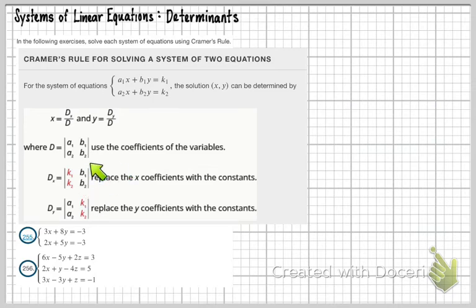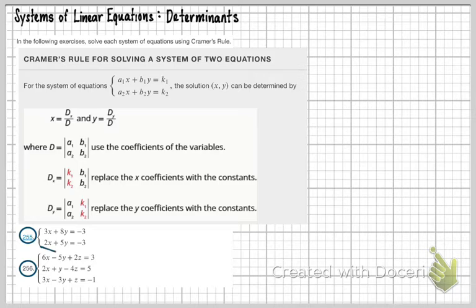And then the next one is, I take this d here, I remove the first column here, and I put the constants of what my equations equal in that first column there. And then for dy, I take that d here, and I put the a1, a2 there, and then I put in place of the second column the constants that it equals. So what we're going to do is we're just going to run through this process now.